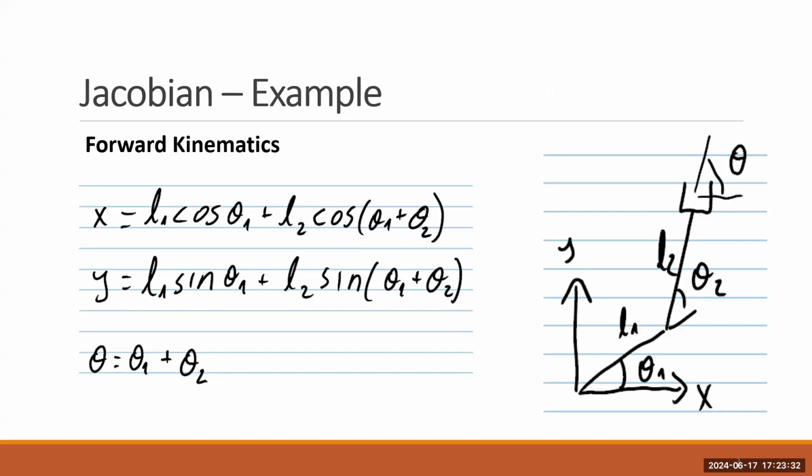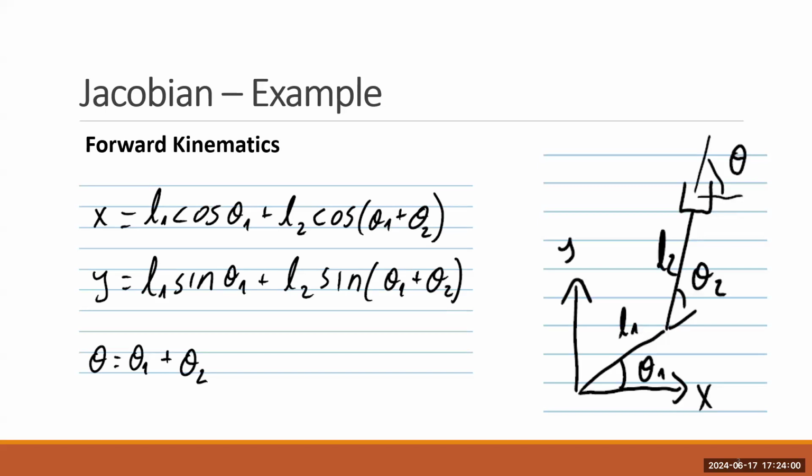Let's do an example. If we have a robotic arm with two links, as you can see here, theta 1, theta 2, then the forward kinematics, as you can see, x and y. X is L1 cosine theta 1 plus L2 cosine of theta 1 plus theta 2. Y is the same with the sine.